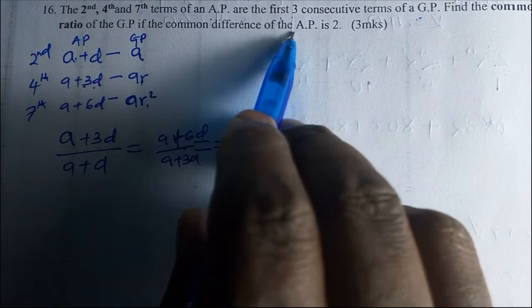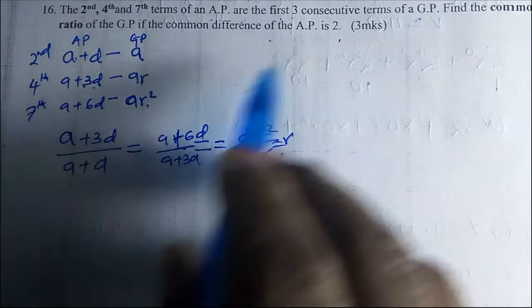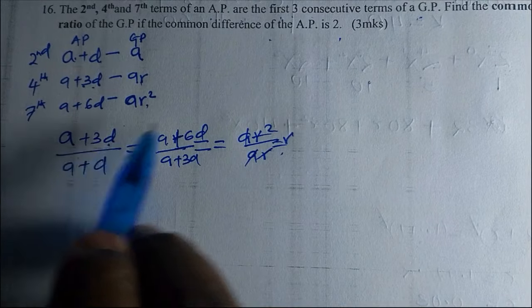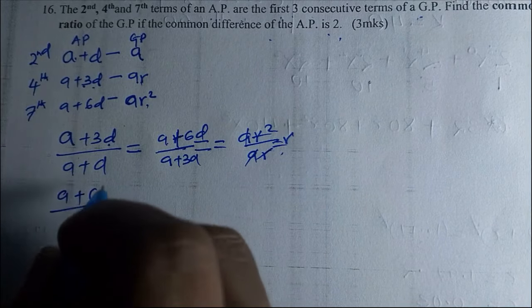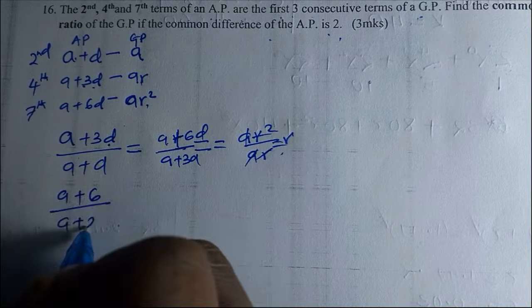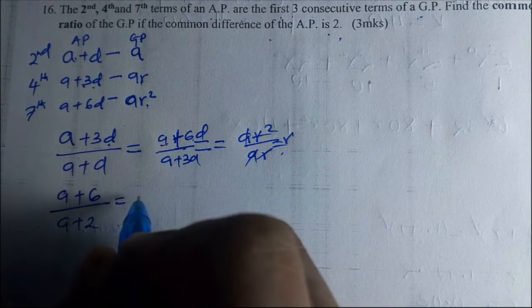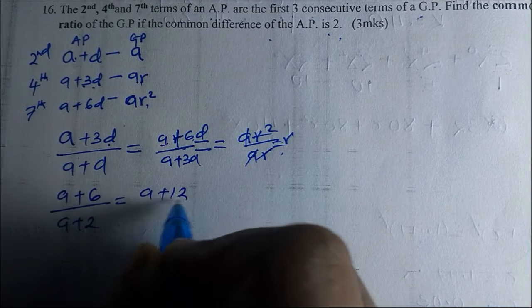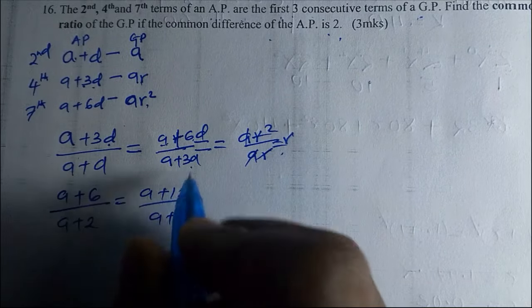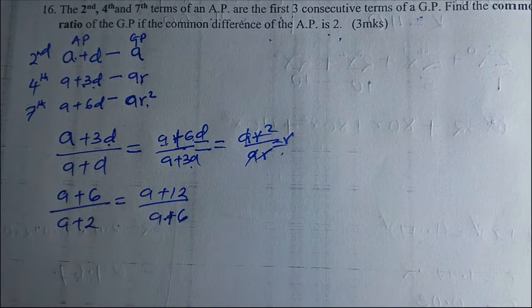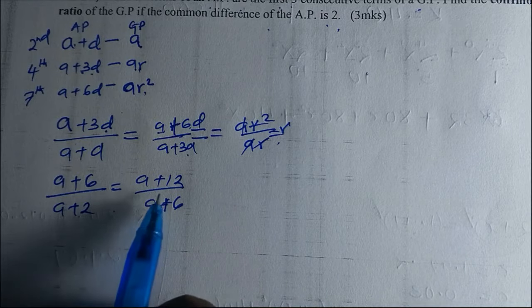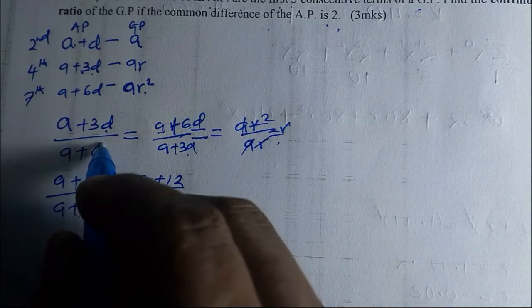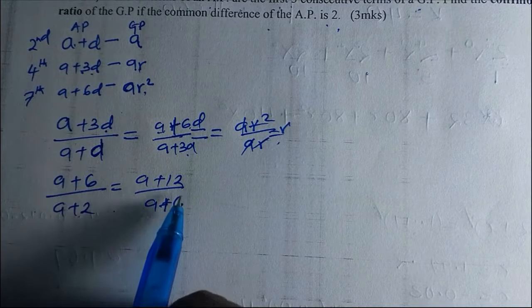So we will substitute where you see D, you will put 2. We will have A plus 6 over A plus 2 equal to A plus 12 over A plus 6, because we are substituting where you see D with 2, which is the common difference.